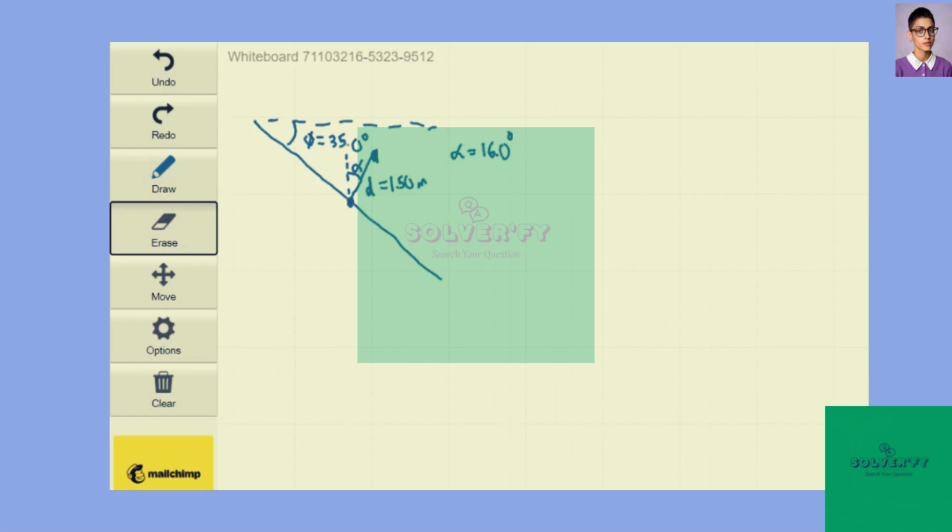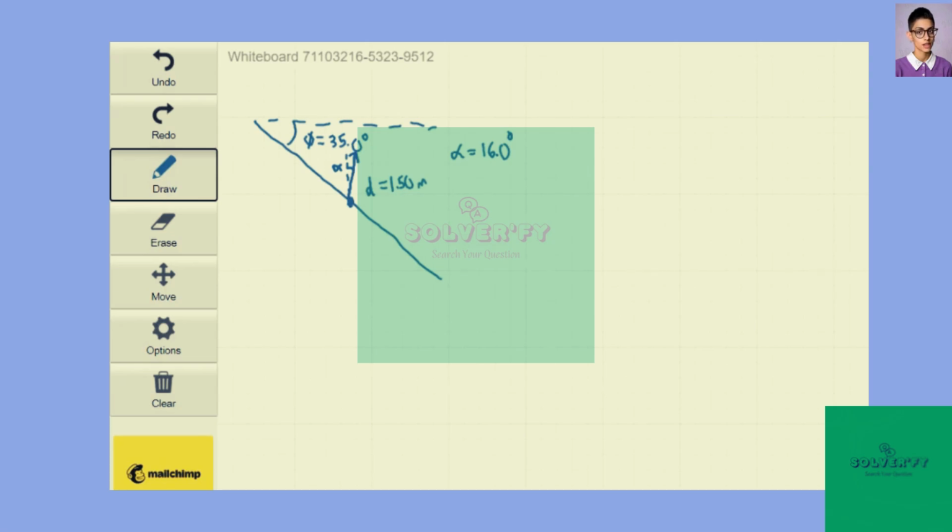So I really don't like that. I'm going to erase that and draw this again, much smaller. Alpha is going to be in here. Okay, that makes more sense.